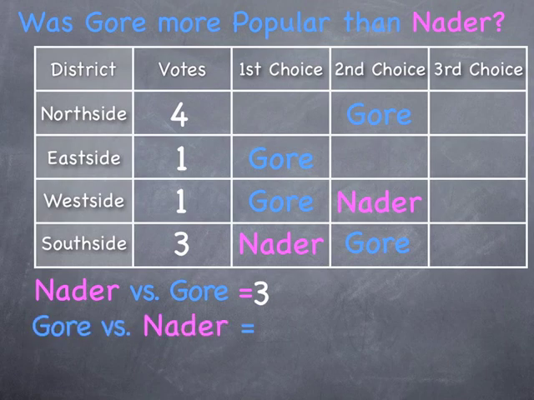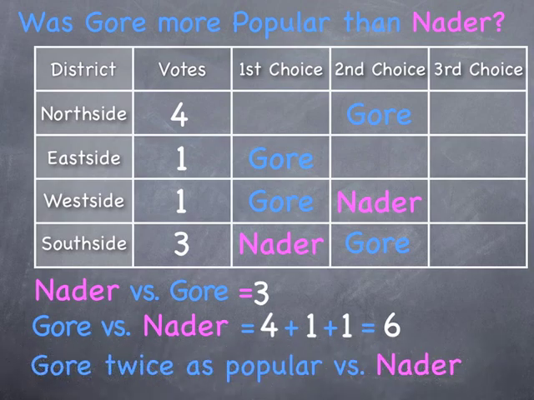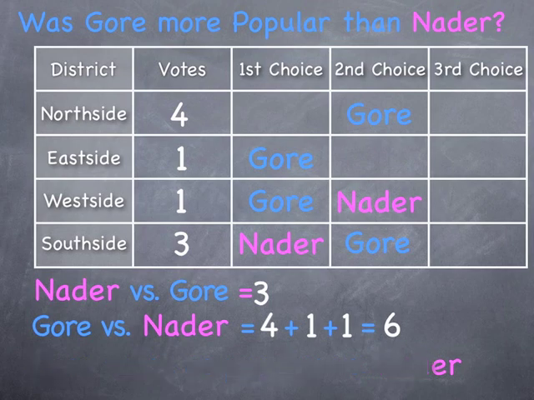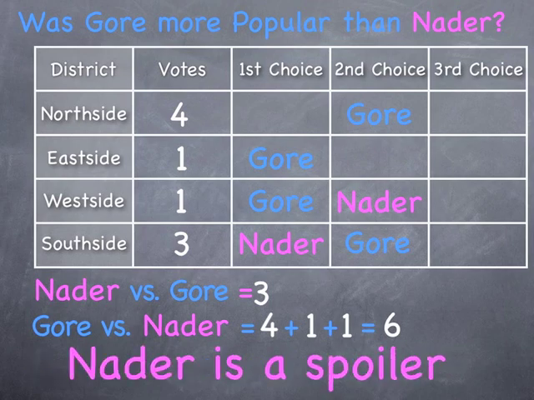But if you take a look at those that thought Gore was better than Nader, we see that you've got 4 voters on the north side, and 1 voter on the east side, as well as some from the west side, for a total of 6 votes. So you can see that Gore was much more popular versus Nader. And in fact, Nader was clearly the spoiler in this election.